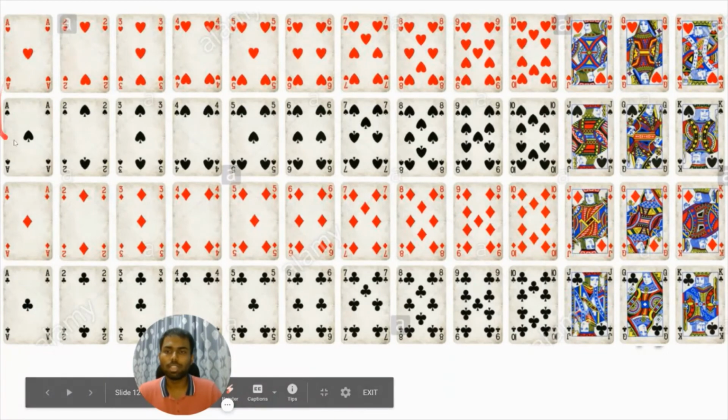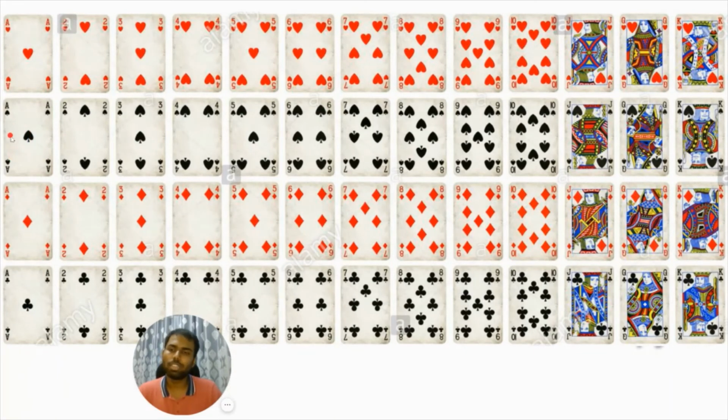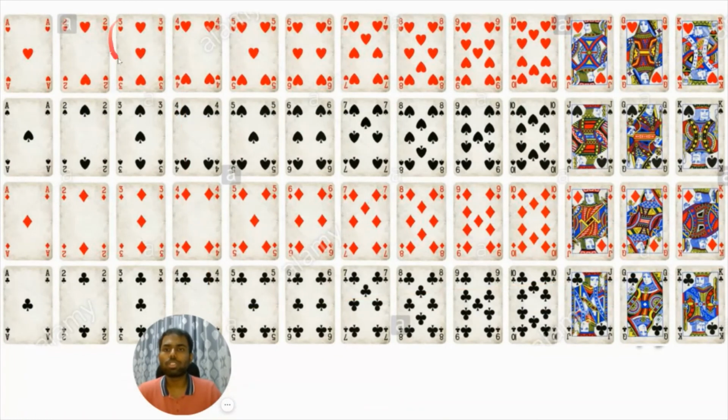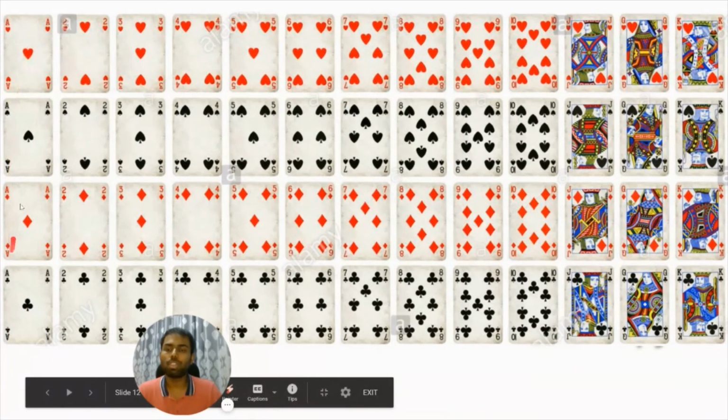One is hearts, second one is spade, I think that's spade, right? Yeah, that's spade. This is diamond and this is club. So hearts have 13 cards, spade has 13 cards, diamond has 13 cards, and club has 13 cards. Take any number, 3. How many cards will number 3 have? Always 4 cards. 4 cards for number 3, 4 cards for number 4, 4 cards for Ace, this is called Ace, right?